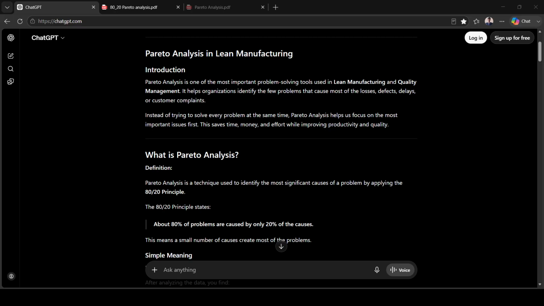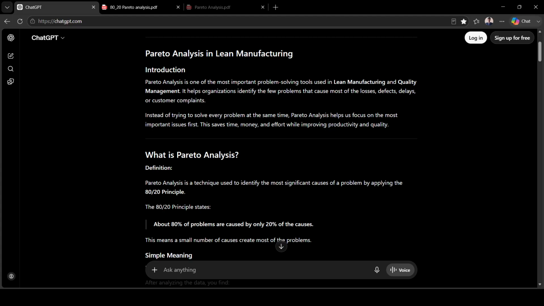So, what is Pareto analysis? Let's start. Pareto analysis in lean manufacturing is one of the most important problem-solving tools used in lean manufacturing and quality management. It helps organizations identify the few problems that cause most of the losses, defects, delays, or customer complaints.